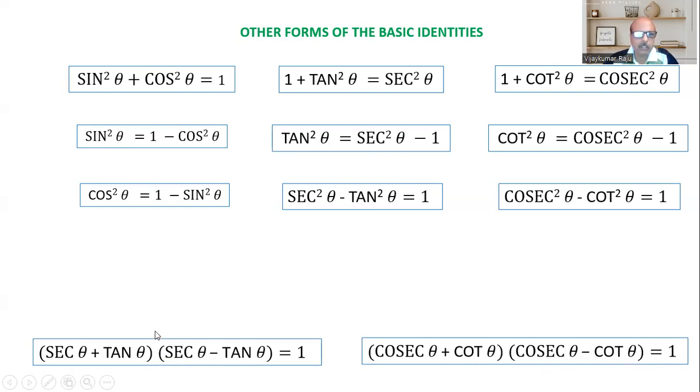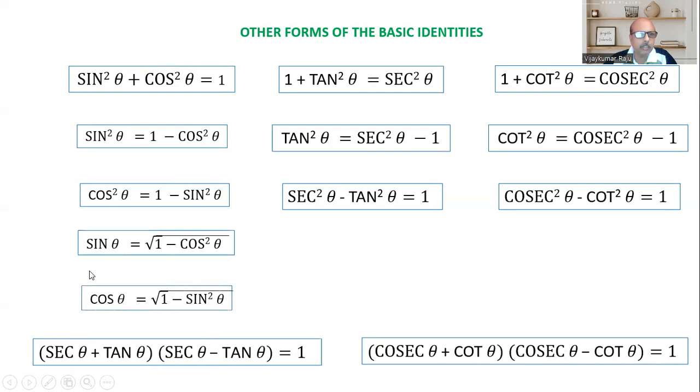Now this further, we can write sin theta as what? Sin square theta is 1 minus cos square theta, so sin theta will be square root of 1 minus cos square theta. Or cos theta could be square root of 1 minus sin square theta. Here also I use the same concept.